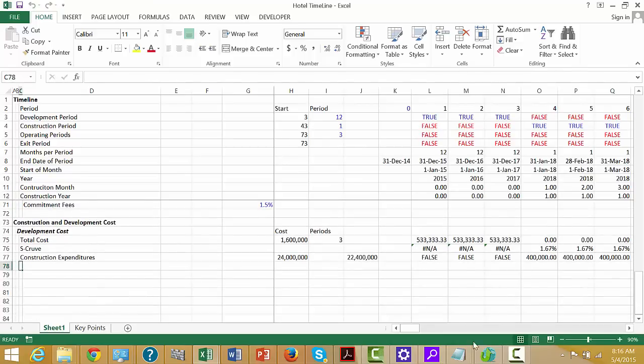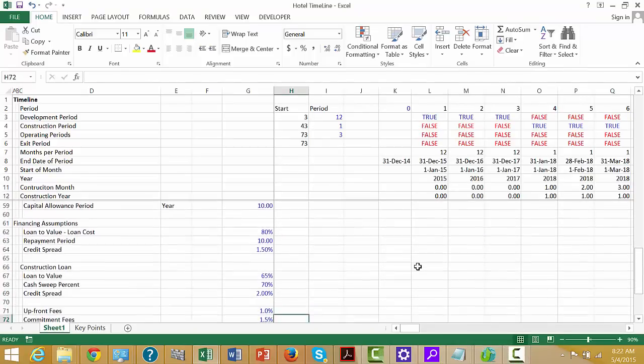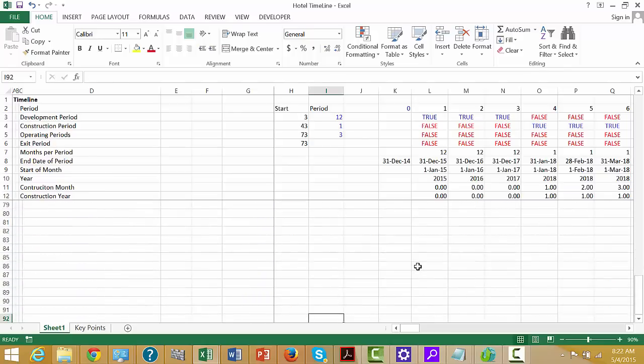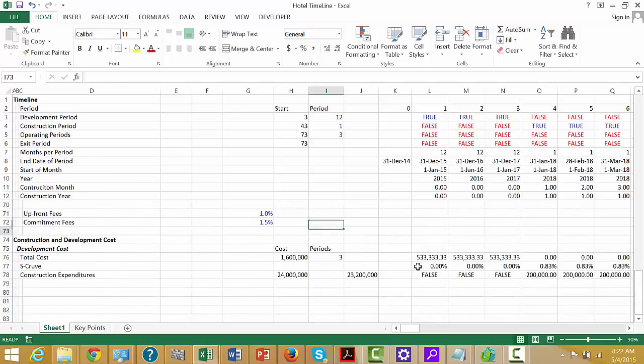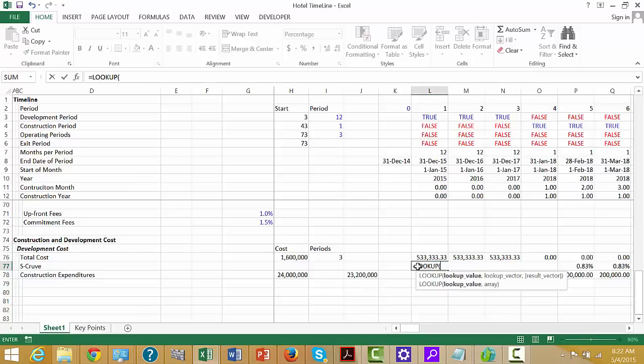Okay, just 1 minute. Okay, I can pretend that that mistake I made was on purpose, but it wasn't. The spend percent, there was this last year, so what we really should have done is put a lookup. Okay, and when we put lookup, let's look up on the construction month, not the year.